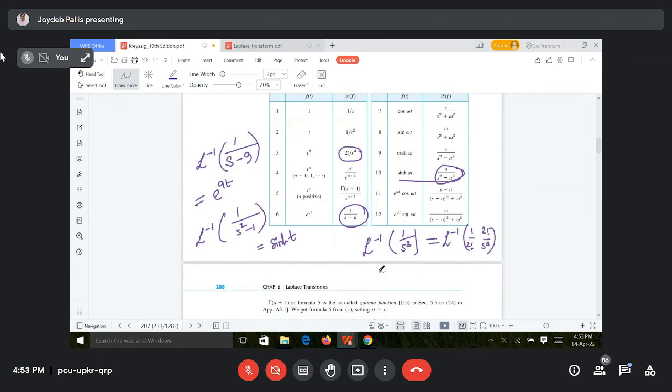Now that 1 by 2 factorial, you can write it outside the Laplace inverse. So 1 by 2 factorial Laplace inverse of 2 factorial by s cube.